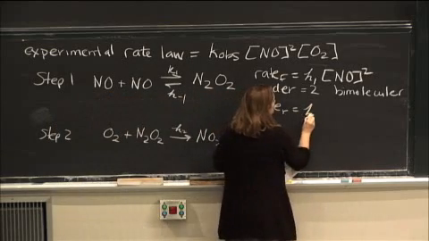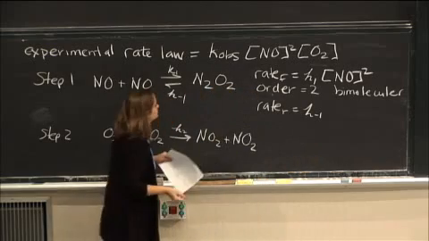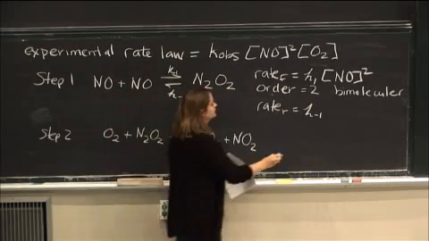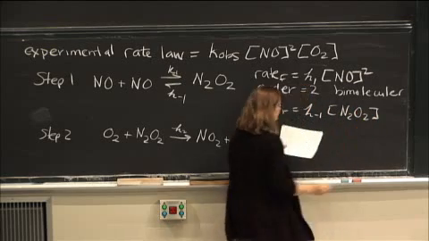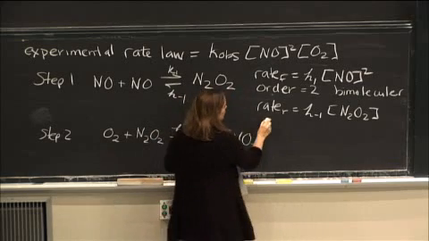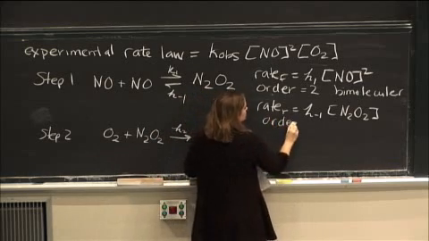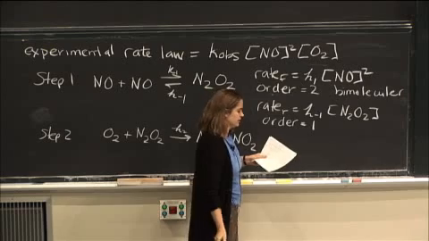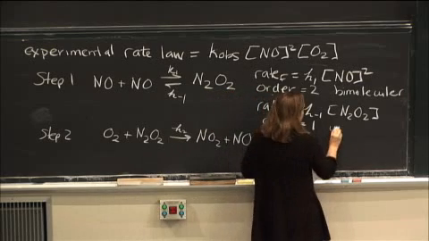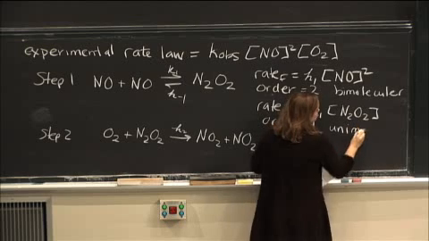K minus 1 times what? Yeah, N2O2. So what's the order here? 1. And what's this called? Yeah. So that's called unimolecular.